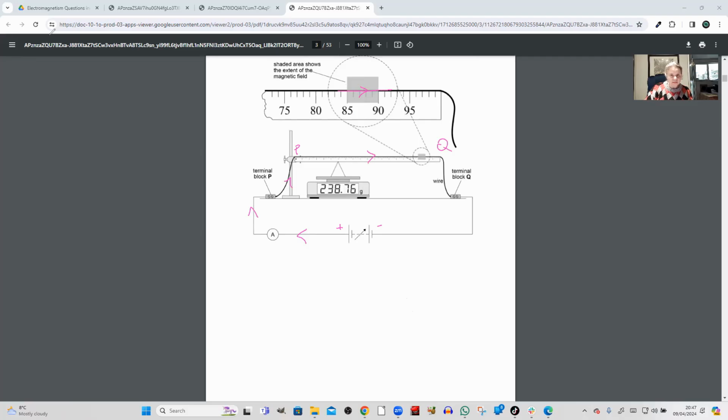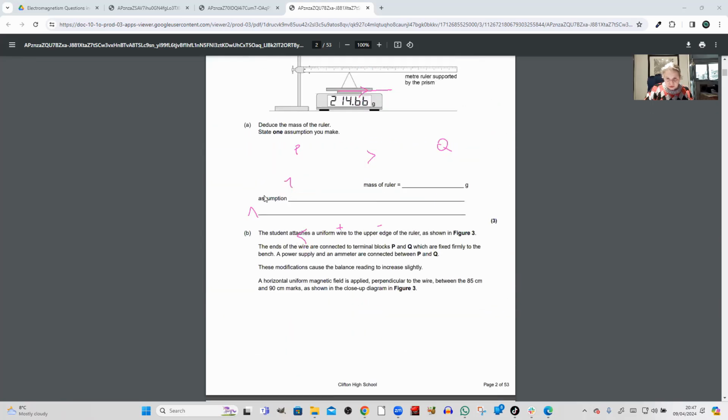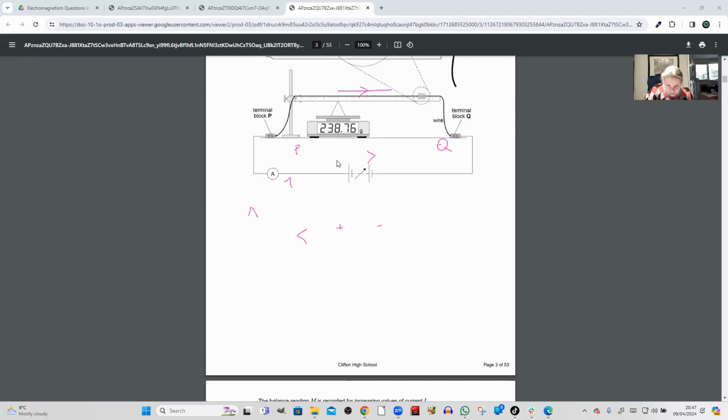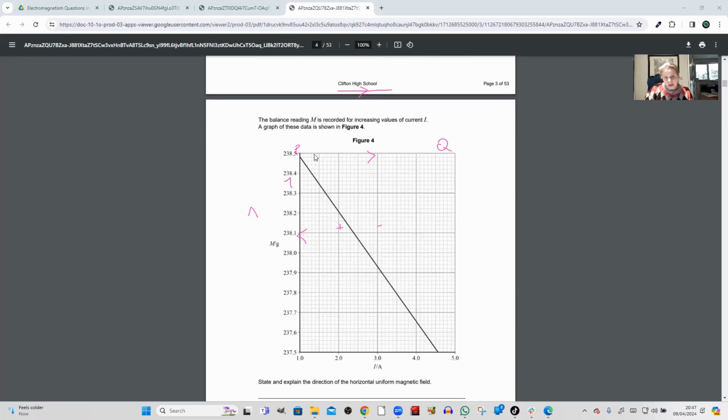And the other thing that I kind of brushed over is you can see that it says 214 here. And this is 238. Right, as the current goes up, can you see that the apparent mass is going down?